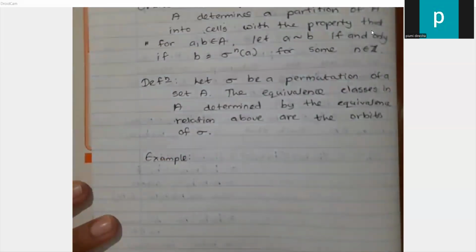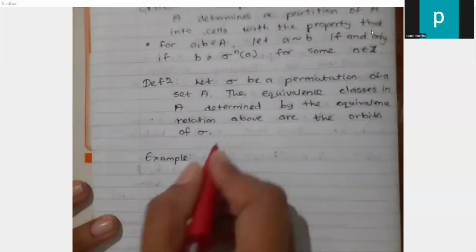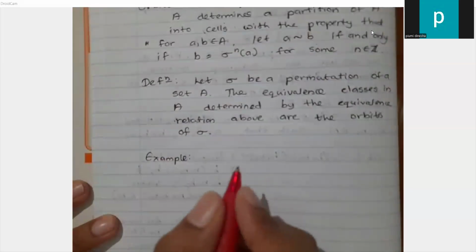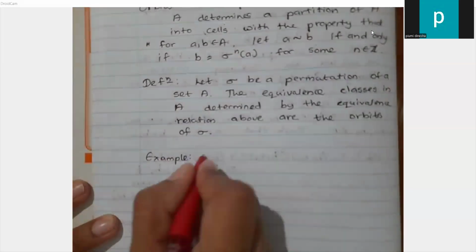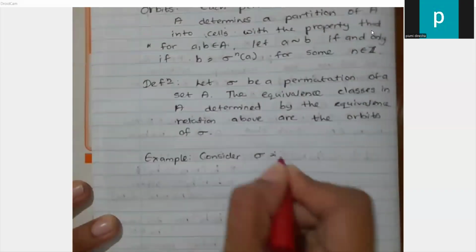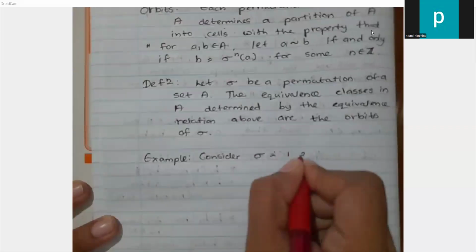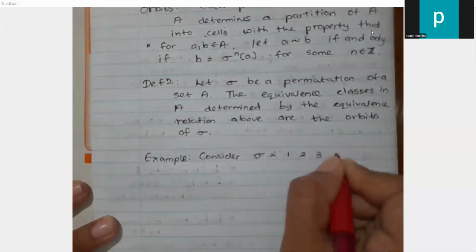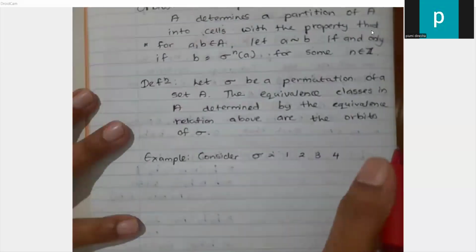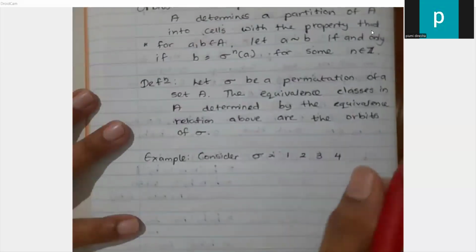So let's look at one example to understand what it means. Let's take the symmetric group. Let's consider sigma. Let me give sigma in this notation, okay? This is a permutation. Let's take it from S8.